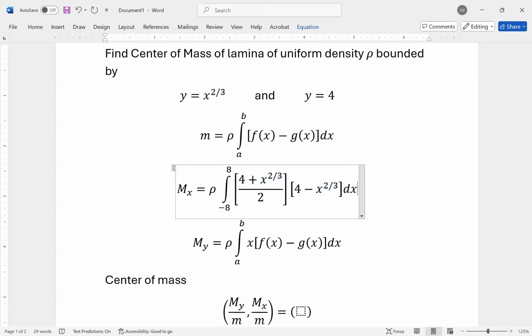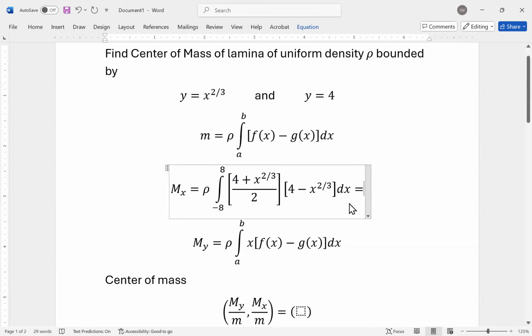This one is going to take a second to integrate because we're talking about x to the 2/3 power. And oftentimes when you do that, your exact answers don't come up as exact answers because of the numerical process your calculator uses. So what you get when you actually calculate that is 73.1428 and so on.